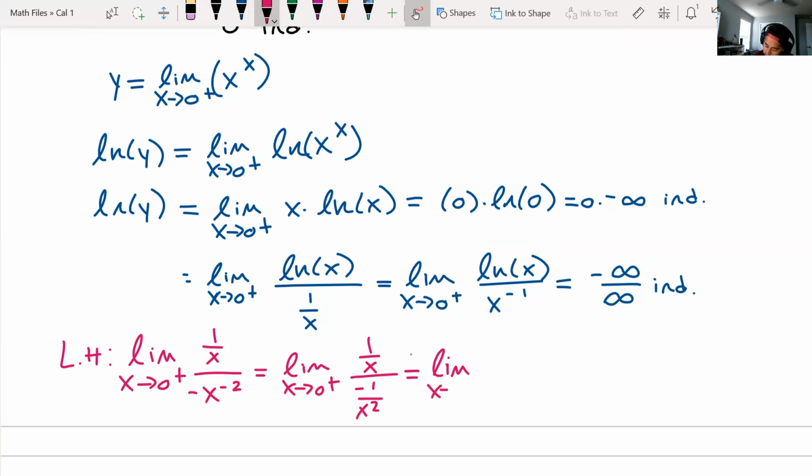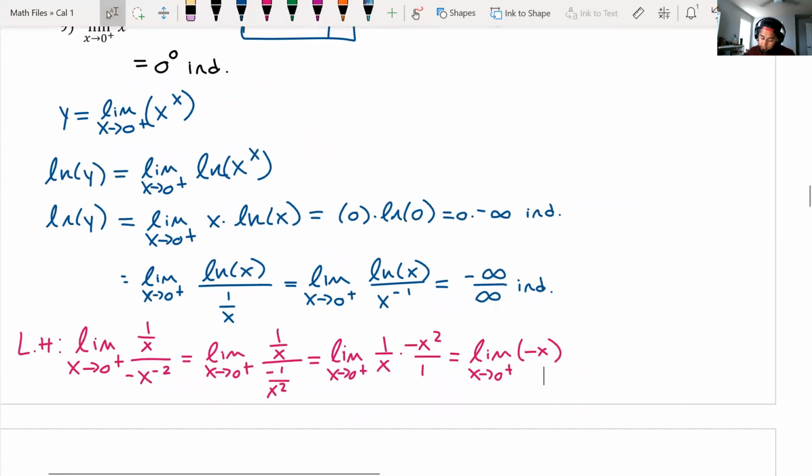Limit as x approaches 0 from the right, multiply by the reciprocal, negative x squared over 1, which will give us the limit as x approaches 0 from the right of negative x. Where now it's safe to plug in 0, so we get 0. But are we done?